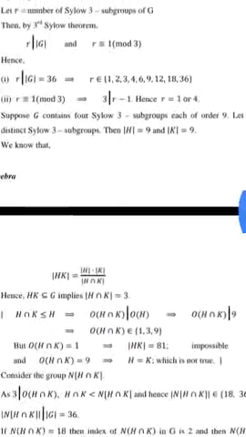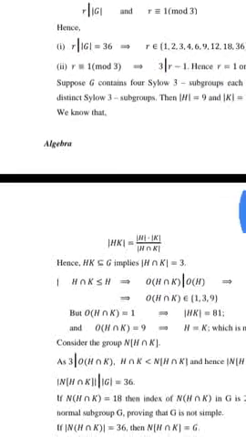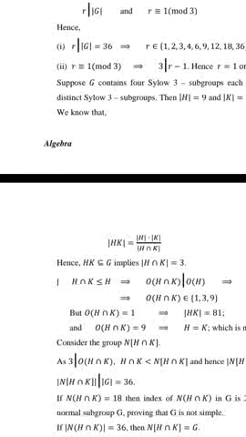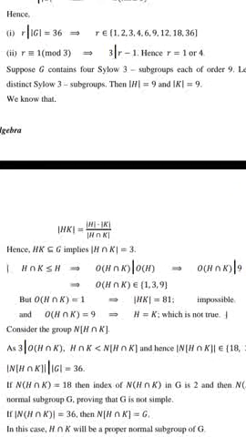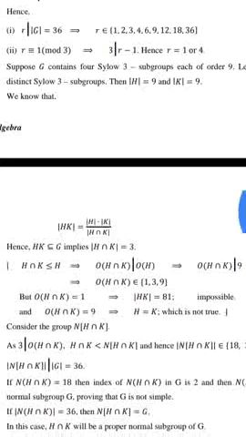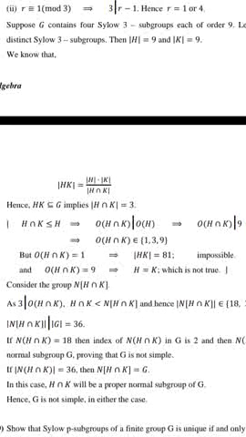Let H, K be any two distinct Sylow 3-subgroups. Then the order of H is 9 and the order of K is 9. The order of HK is equal to the order of H multiplied by the order of K divided by the order of H intersection K. Hence, since HK is a subset of G, the order of H intersection K is at least 3.